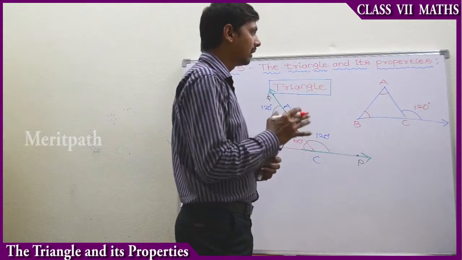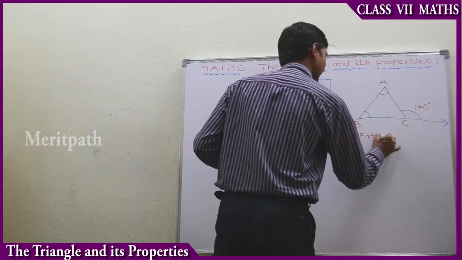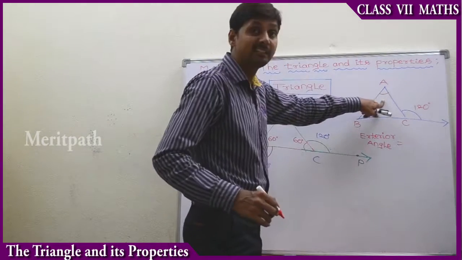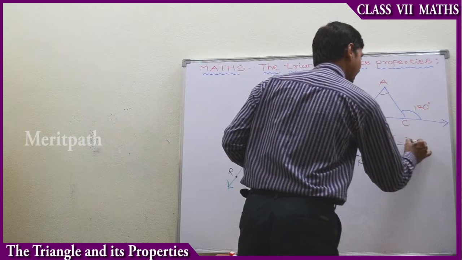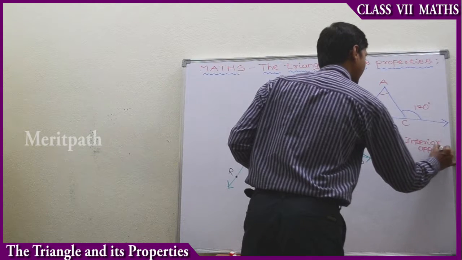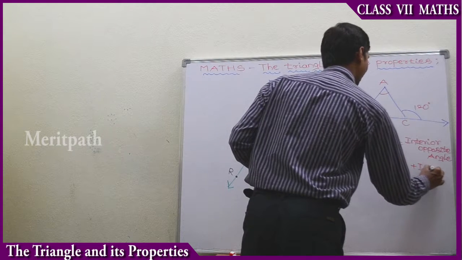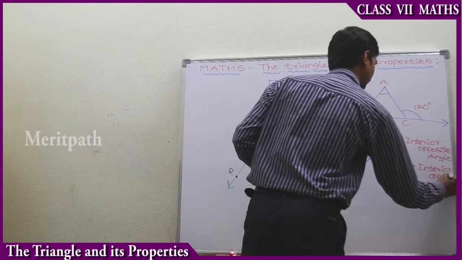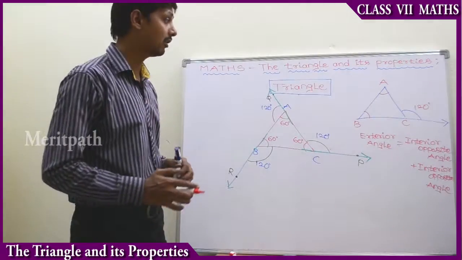So what we have taken here: an exterior angle of this triangle is equal to the interior opposite angle plus the interior opposite angle.